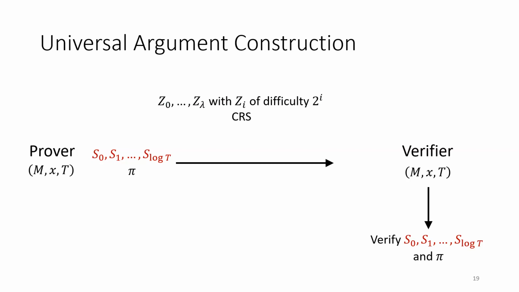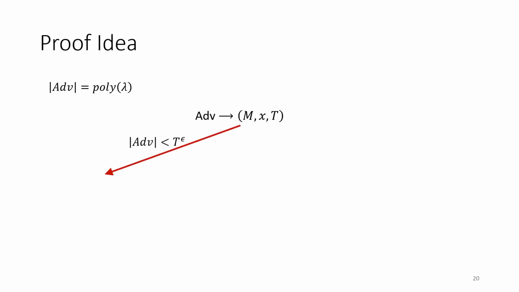Now, I just want to tell you a little bit about how we prove that it is sound. So we want to prove that it is sound, so we assume by contradiction there is some polynomial adversary that convinces the verifier of a false statement. And we want to split into 2 cases according to the size of the statement. If the statement is very big, okay, the adversary cannot compute the statement, then the adversary shouldn't be able to solve the puzzle, and we can use the soundness of the puzzle.